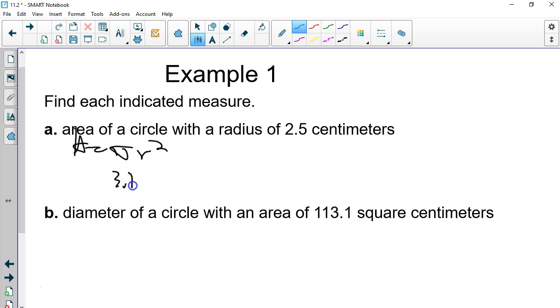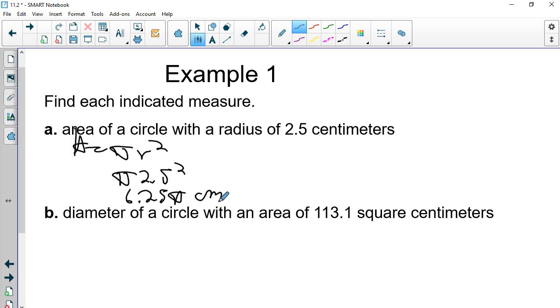So, 3.14 times, well, you can't write both ways, remember. Sorry. So, that's going to be pi times 2.5 squared. And 2.5 squared is 6.25. So 6.25 pi centimeters is an appropriate answer.